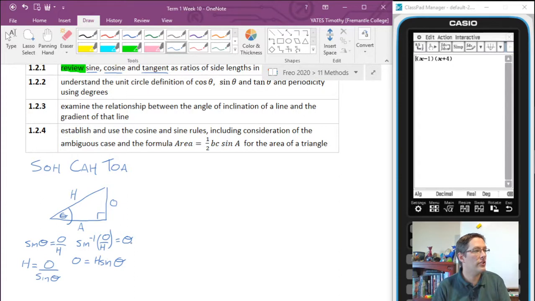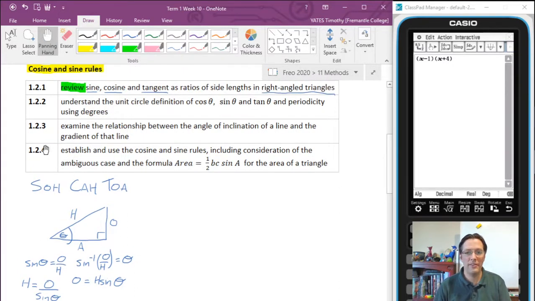And so that's just the first one, that's SOHCAHTOA. I would strongly recommend getting some practice in if you are having any issues with that. It's a really important one to make sure that you're just fluent with and able to do. There's plenty of online opportunities to practice SOHCAHTOA. So that is 1.2.1, just SOHCAHTOA.